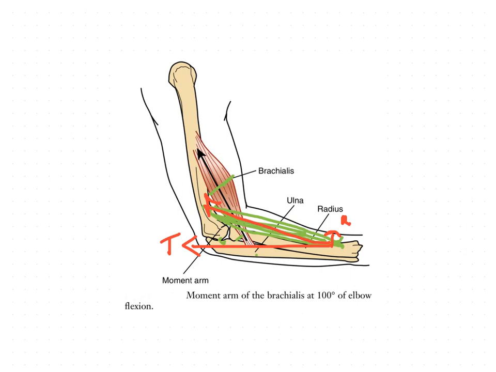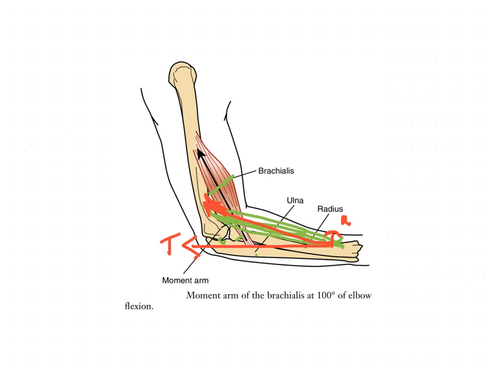Because of this far away insertion from the joint axis, this becomes the total muscular force. And when we resolve this into rotatory and translatory, it has a greater translatory component which compresses the joint here and helps in the stability.